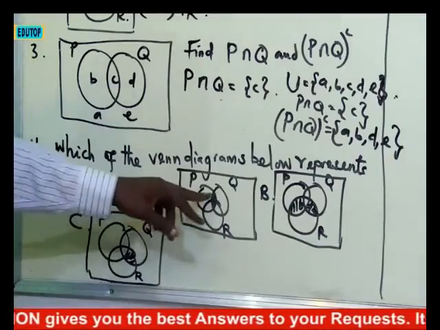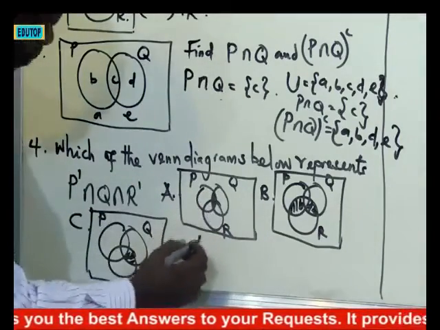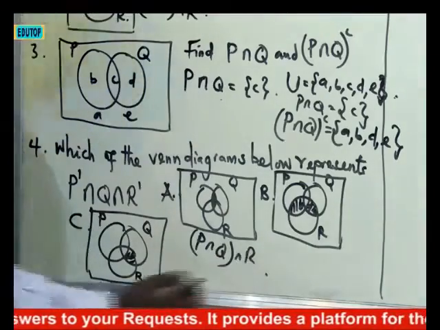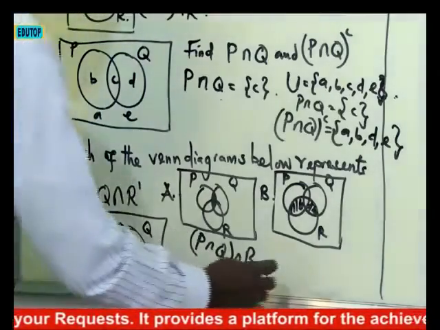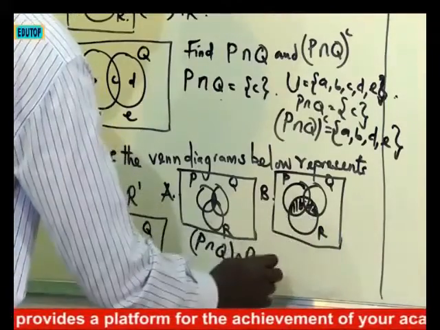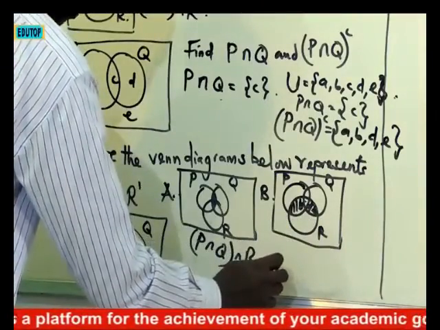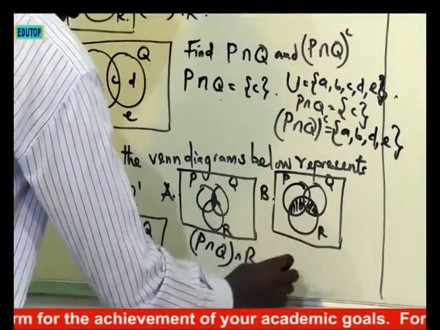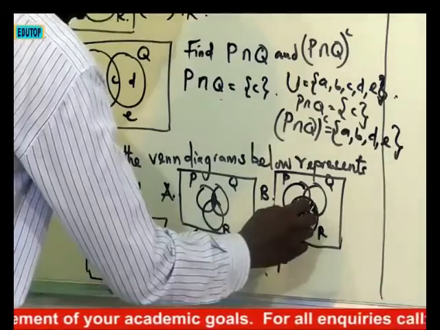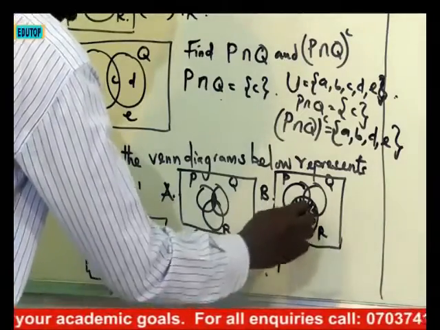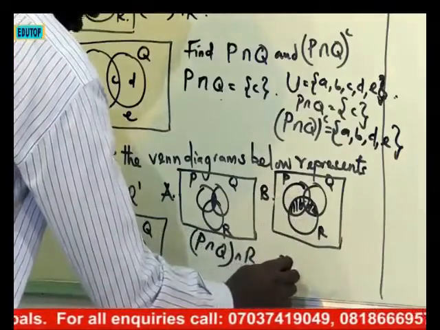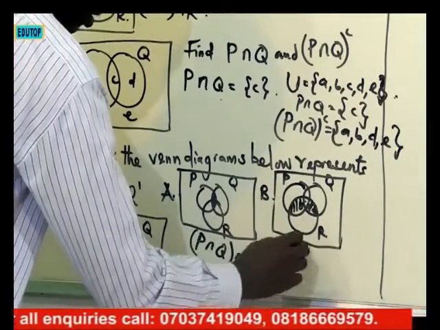This one is P intersection Q. What this one is saying is that P intersection Q intersection R, so it can never be. And this one is left, so automatically that's P intersection R, since you don't have the intersection there.